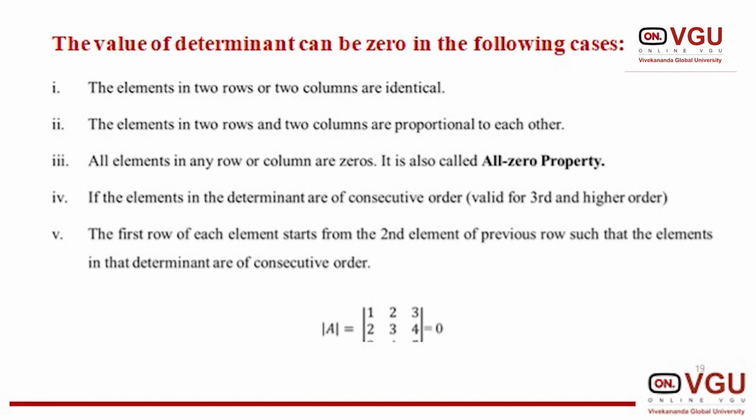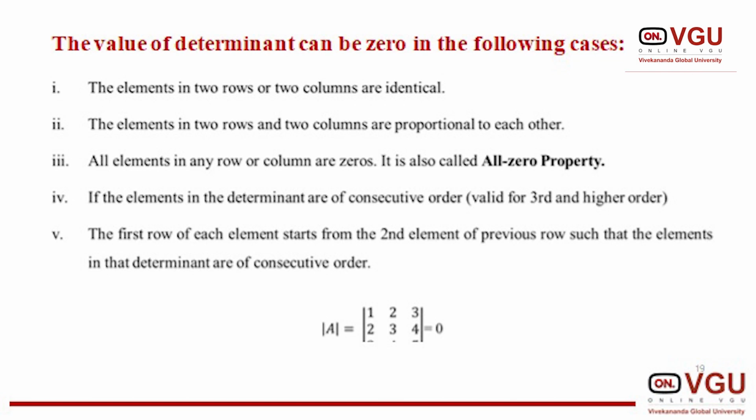So if we have any determinant which has two identical rows, or in the same case two identical columns, then the value will be 0. One more property: if all the elements of a determinant are 0, then definitely the determinant value will be 0. That is known as the all 0 property.